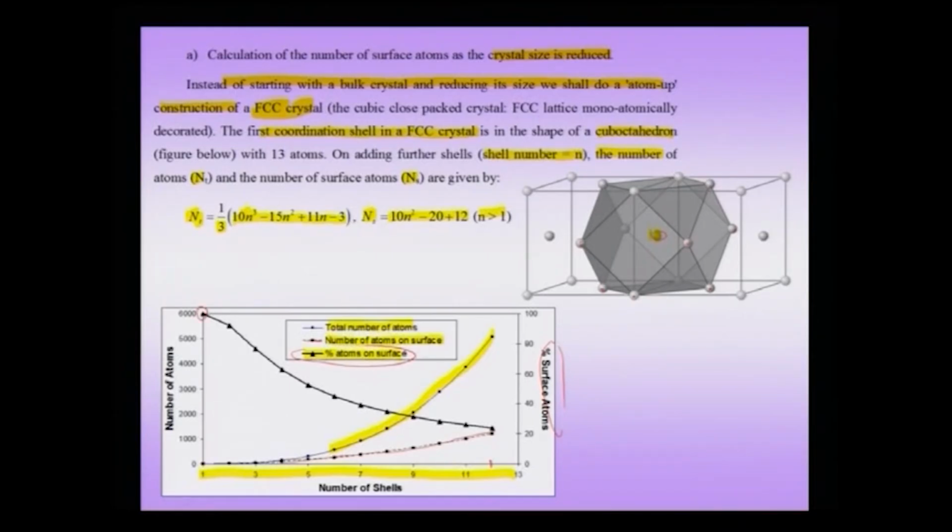Of course, we initially take that one atom is sitting inside the bulk, but you see that as we increase the number of layers, the percentage of atoms comes down, and only about 20% of the atoms are actually sitting on the surface by the time you are at 12 layers.